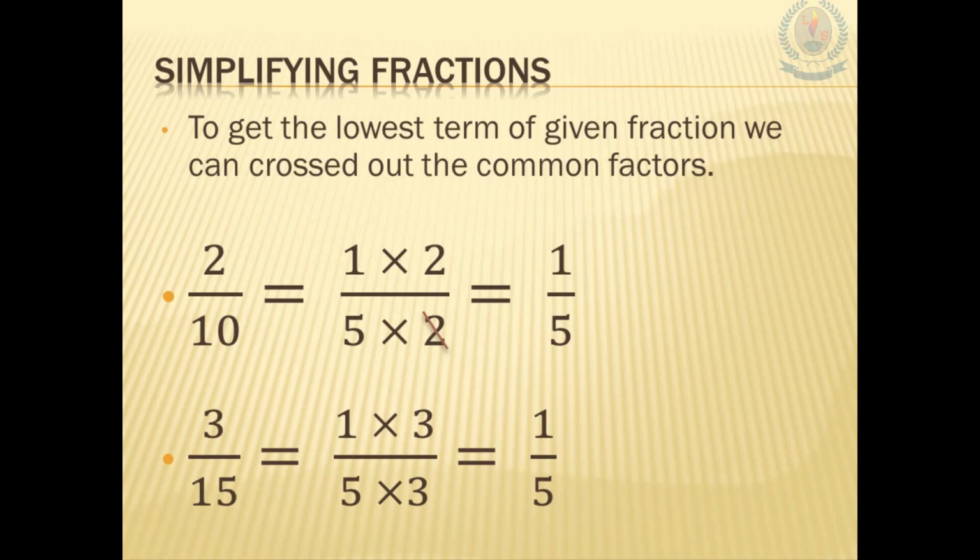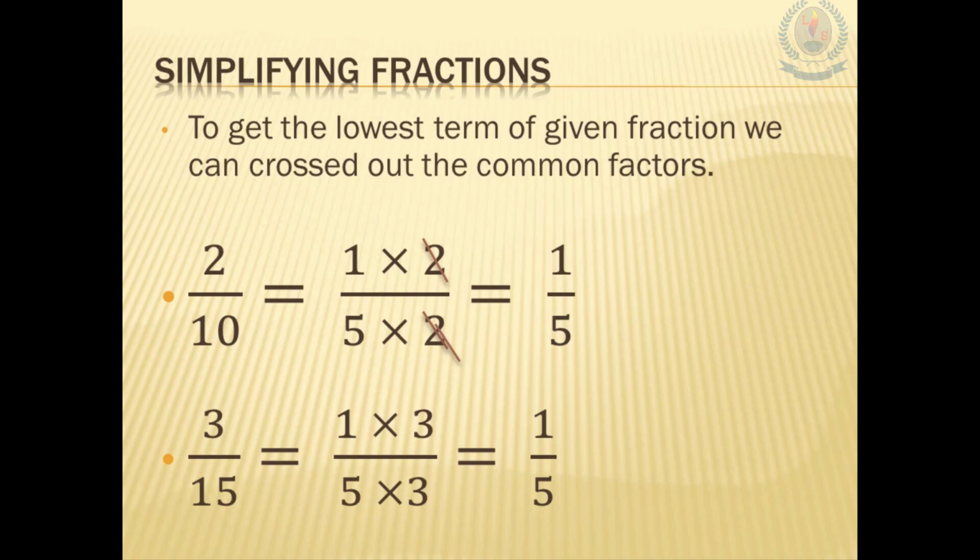So, you can write 1 times 2 as 2, 5 times 2 as 10. So, you can cross out the common factor number 2 and you can get 1/5 as the final answer.